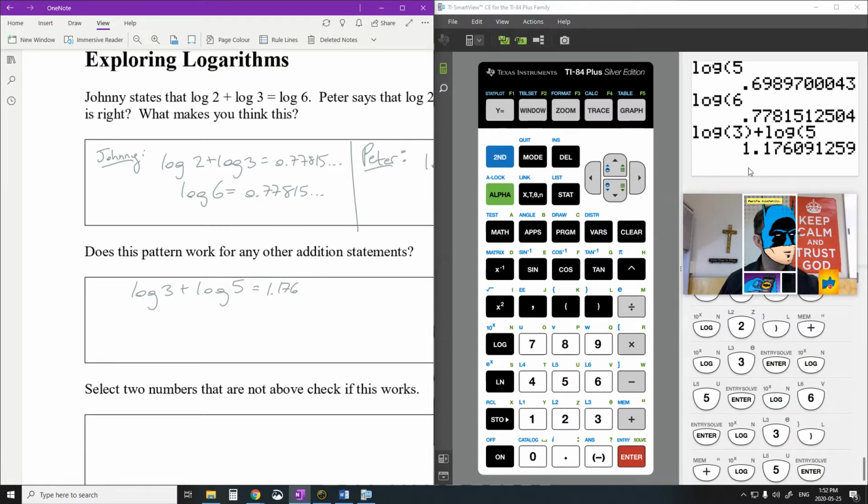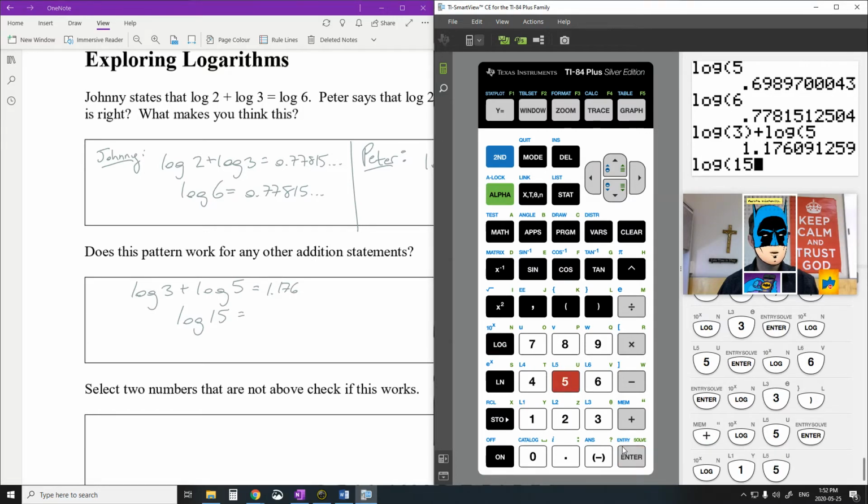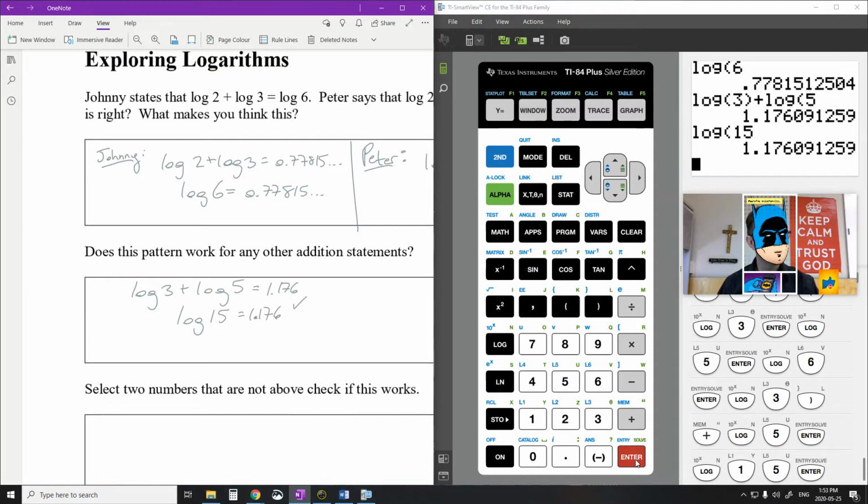Now, if I follow the same logic, 2 and 3, how do they make 6? Multiply them together. So does that work if I go log 15? Hey, it does work. That works there.